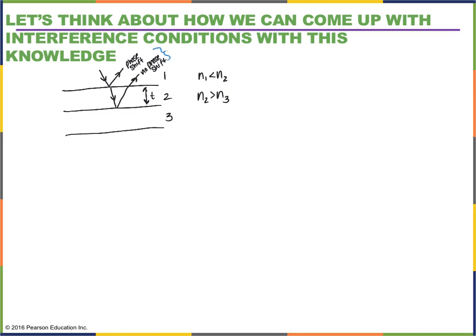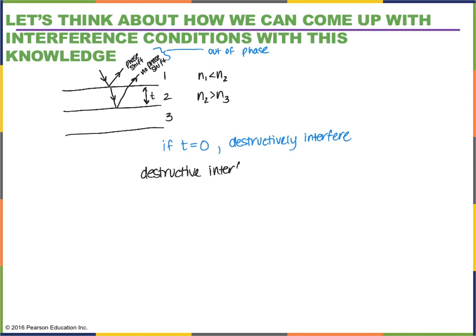So right now, those two are out of phase; if t was equal to 0, they would destructively interfere. And so, if I wanted to have destructive interference, basically I want them to keep out of phase.